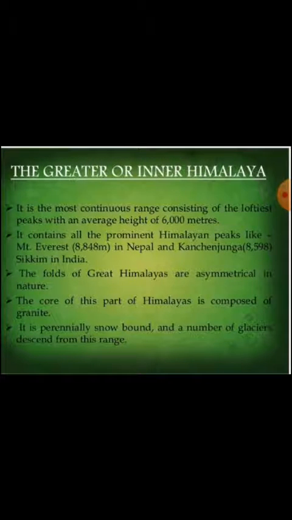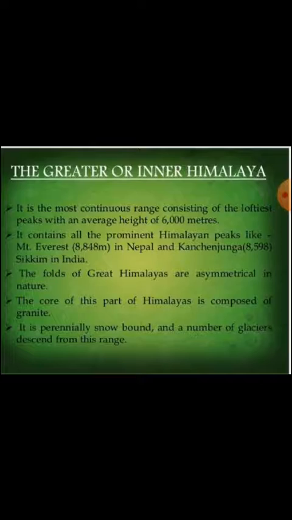The Greater or Inner Himalayas. Firstly, it is the most continuous range consisting of the loftiest, that is the highest peaks, with an average height of about 6,000 meters. It contains all the prominent Himalayan peaks like Mount Everest in Nepal and the Kanchenjunga in Sikkim, India.